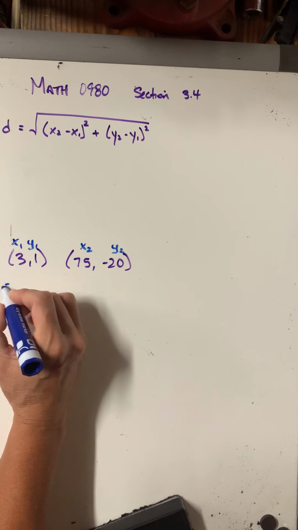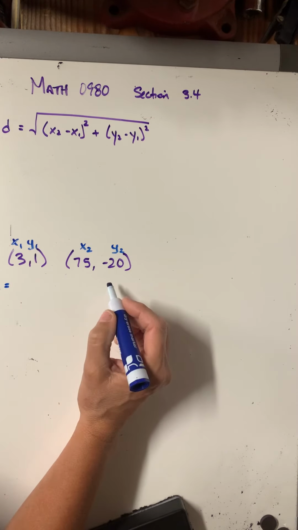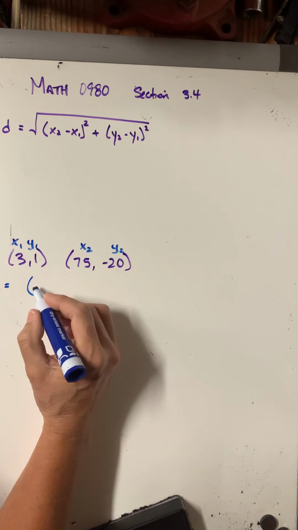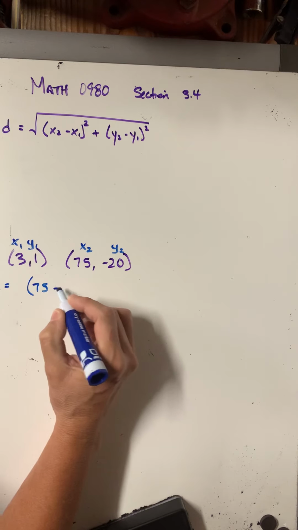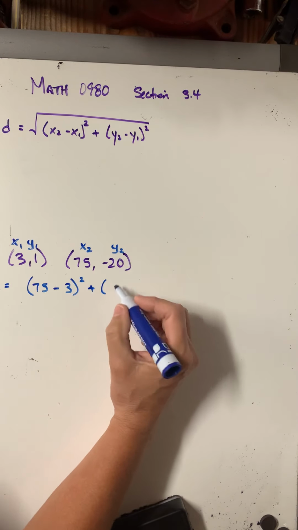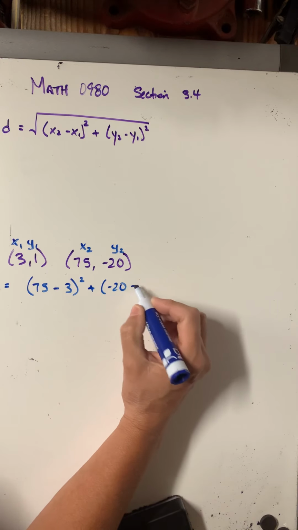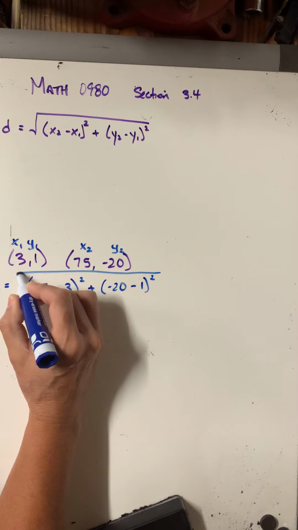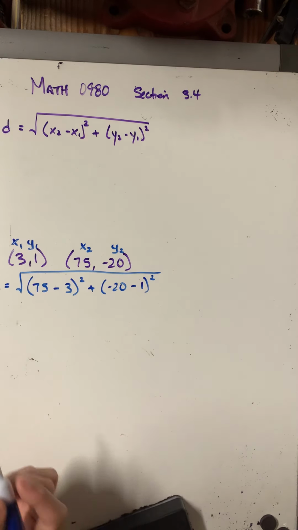So I would then need to plug these into my formula. So D equals, and let's do the x2s first. So x2 minus x1, 75 minus 3 squared plus, how about the y's? -20 minus 1 squared, and that whole thing is under the square root.